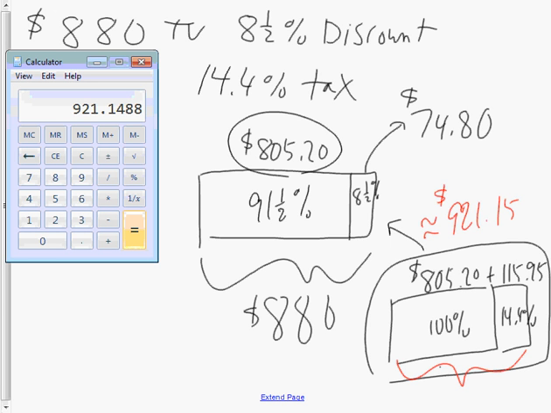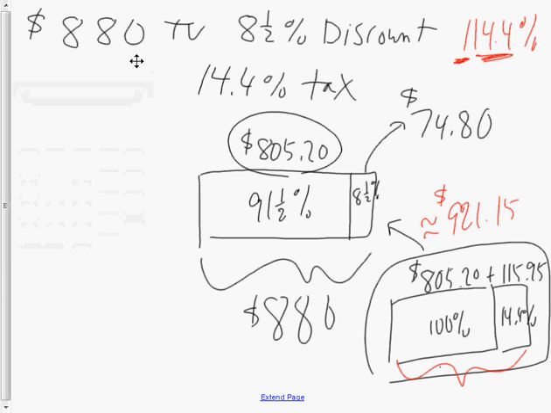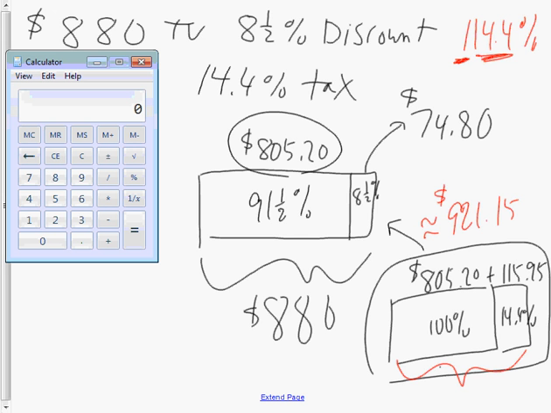However, what the book wants you to be able to do is instead of calculating 14.4% and adding it on to 100, simply calculate 114.4%, which would be the cost of the TV and the tax together. Okay? So if I take 100 and 14.4%, that's represented by 1.144.